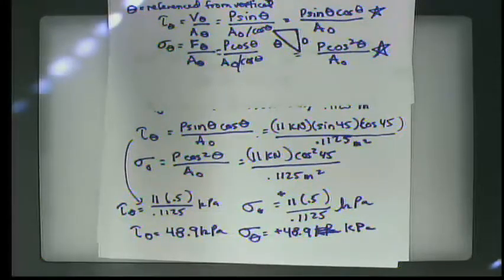The other thing is that tau maximizes, if you look at sigma, cosine squared. Cosine is a maximum at 90 degrees, right? Because at 90 degrees, the cosine is equal to 1. So this actually maximizes when everything's perpendicular, which makes sense.